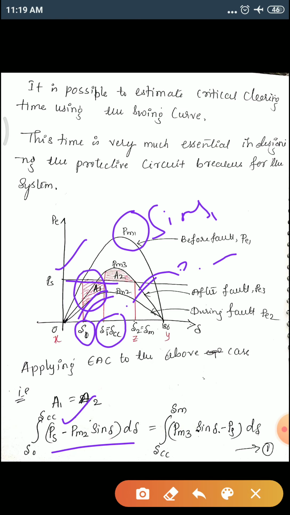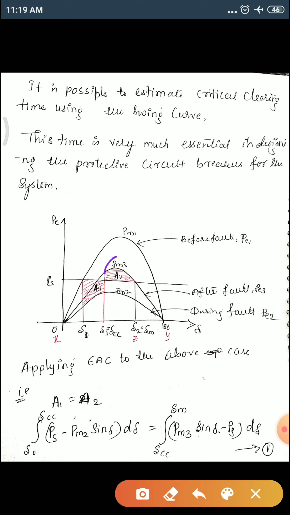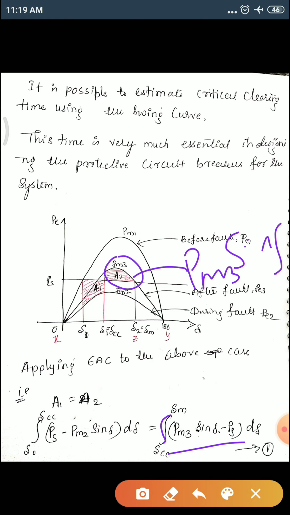Now what is A2? A2 is this much. Here Pm3 is greater, therefore we take Pm3 sine delta minus PS and integrate it to find the second area, from delta cc to delta m.